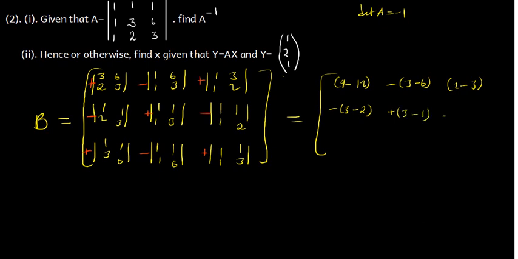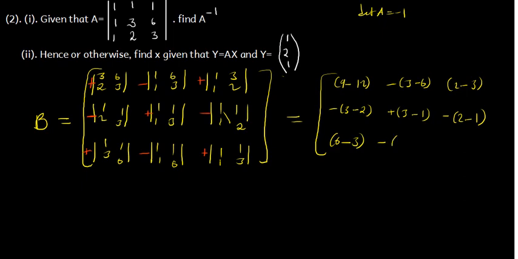And then 1 times 3, that is a 3, minus 1 times 1, that is a 1. Then we come on this one, 1 times 2, that is a 2, minus a 1. In the last column here, multiply this, 1 by 6, that is a 6, minus 3 by a 1, that is a 3.